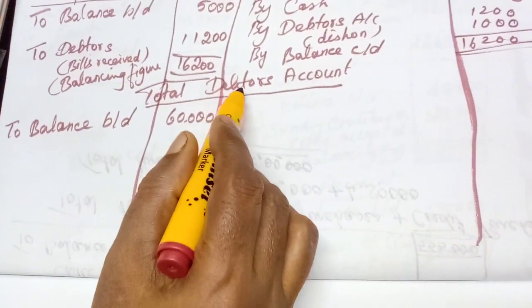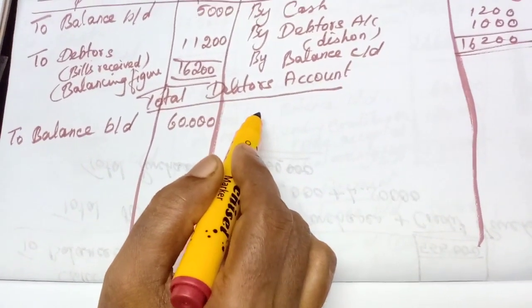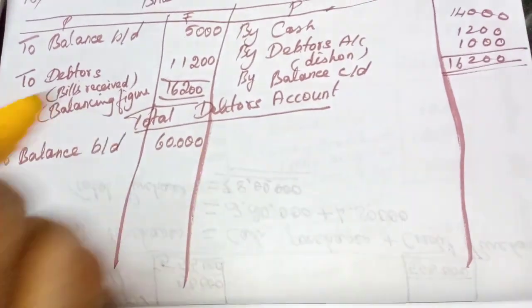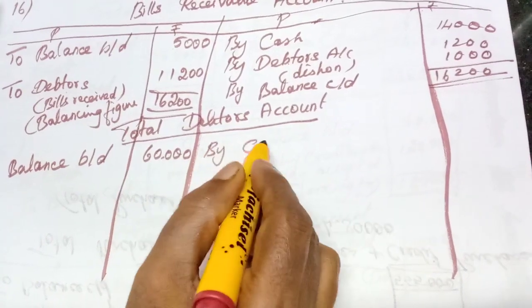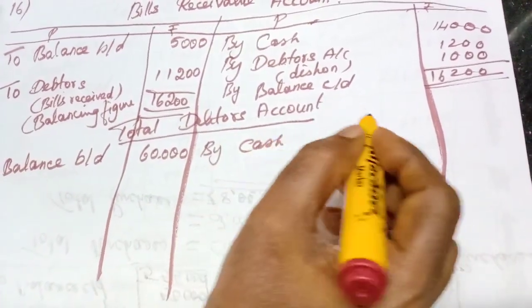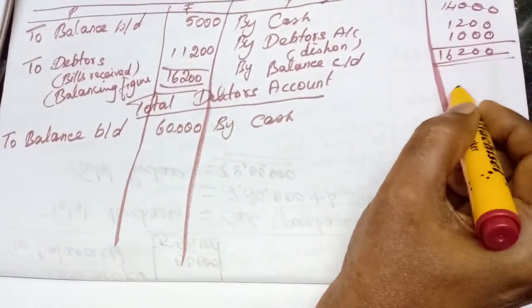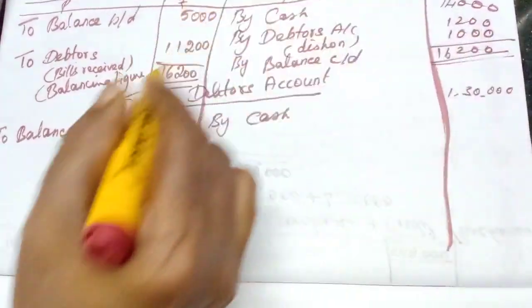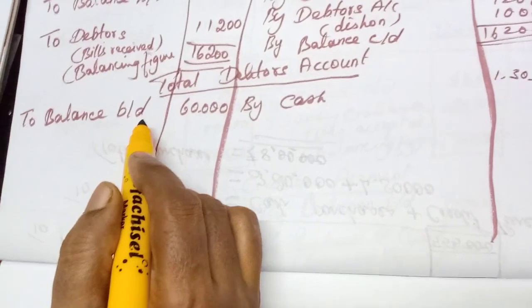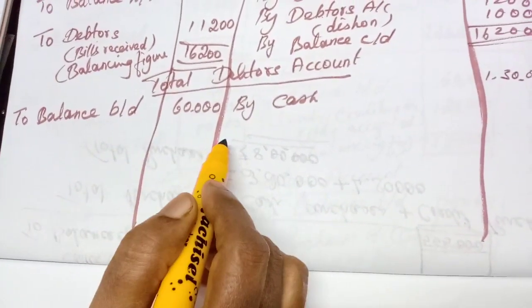So debtors account is credit. So we have to write on the credit side by cash 1,30,000.